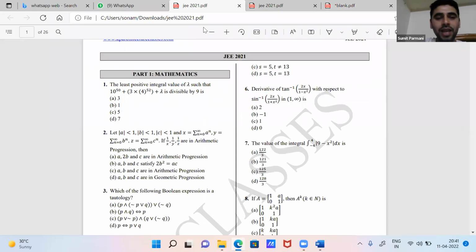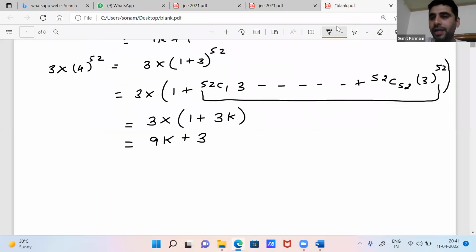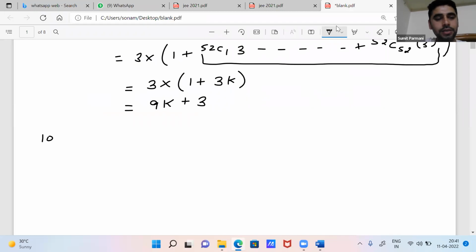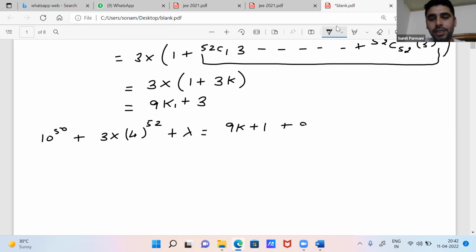Third thing, we have lambda. So the final expression, 10 raised to the power 50 plus 3 into 4 raised to the power 52 plus lambda, can be written as 9k plus 1, I'm writing this as k1, plus 9k1 plus 3 plus lambda. So it can be written as 9 times (k plus k1), again this term is a constant, plus 4 plus lambda.